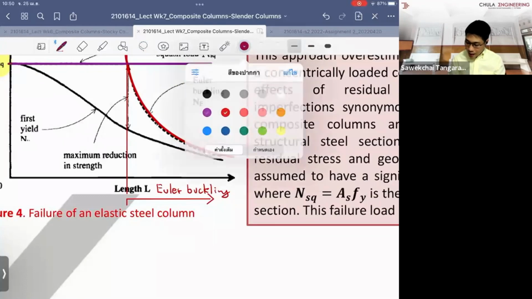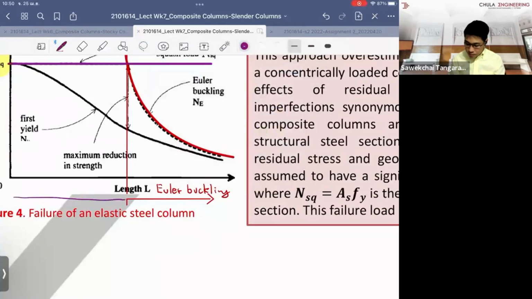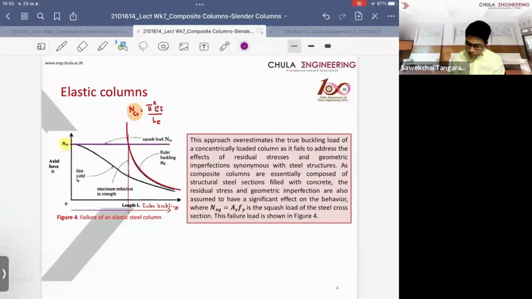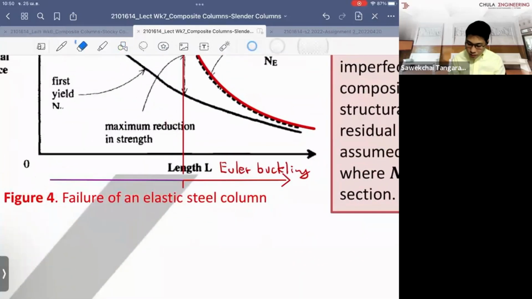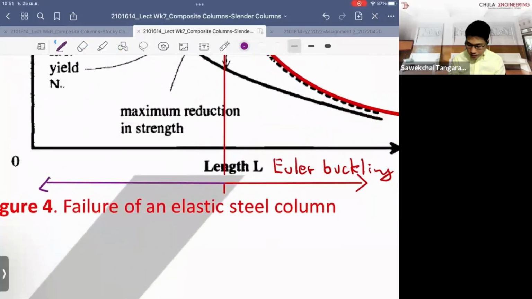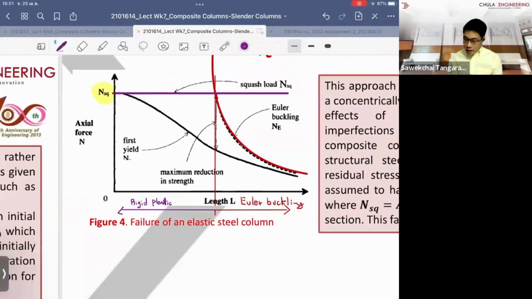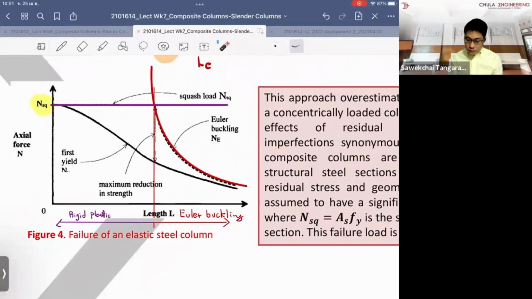And when the length of the member is at or less than the critical line, or the critical length, we're saying that it will fail according to the rigid plastic theories.